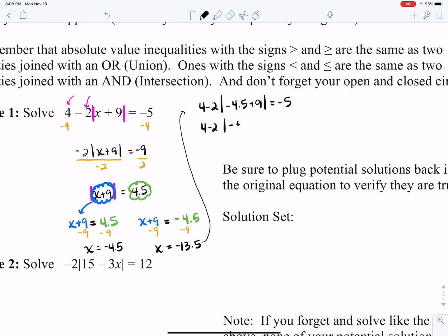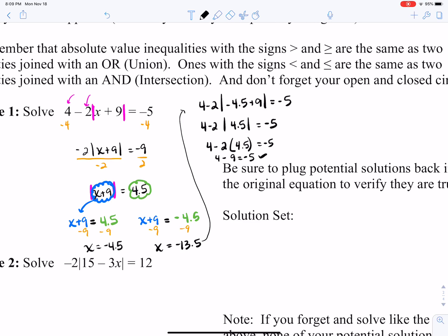That's a positive. Okay, so I get 4 minus 2 times just the absolute value of 4.5, which is 4.5. This is 4 minus 9 equals negative 5. Yep, that works. Now check the other one.